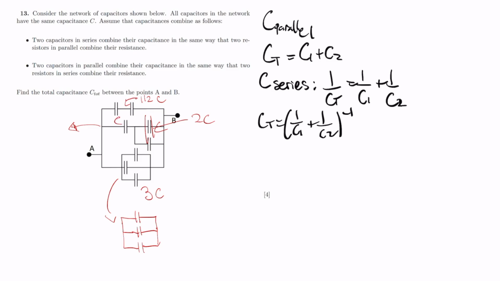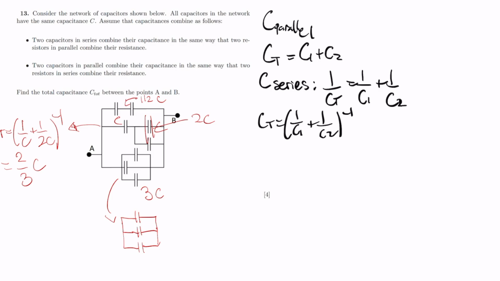You have C and 2C in series. So C total for this branch will be equal to 1 over C plus 1 over 2C, raised to the power of minus 1, which is just going to give me 2 over 3C. Let me write this a little more clearly.